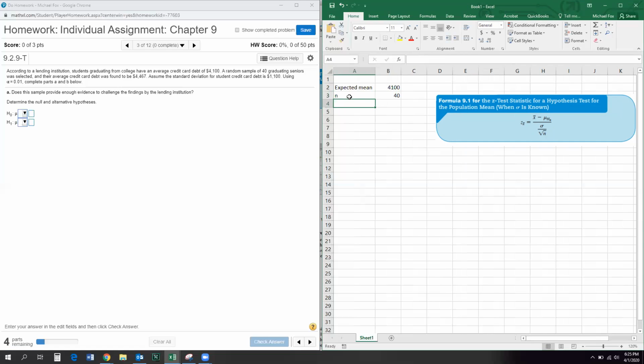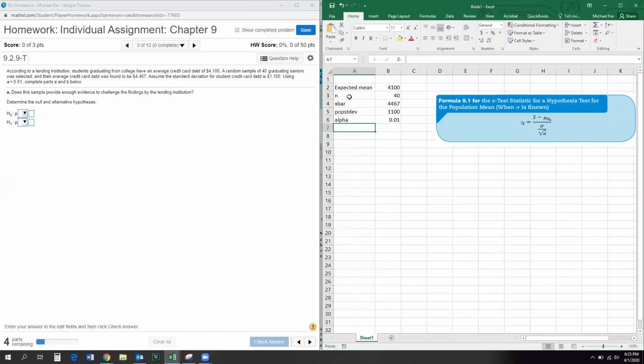And we know that x bar, or our sample mean, was 4,467. We know our population standard deviation is 1,100, and we have an alpha of 0.01. So for me, if I just start by typing down everything I know, then I can go from there.